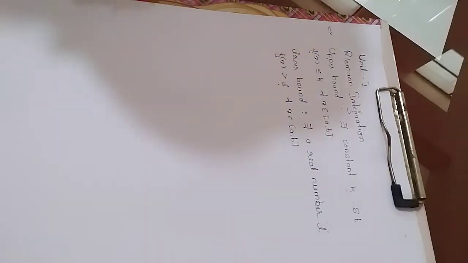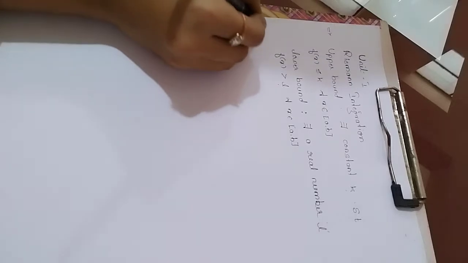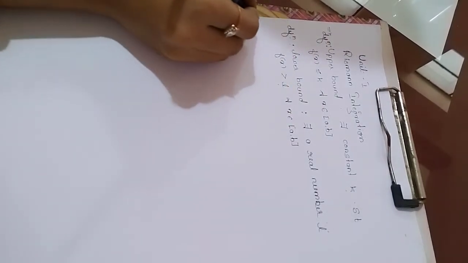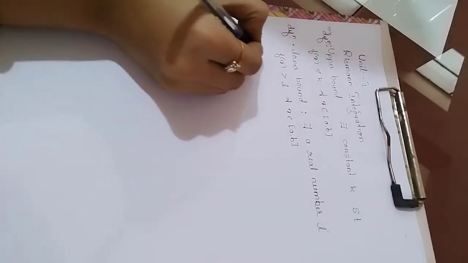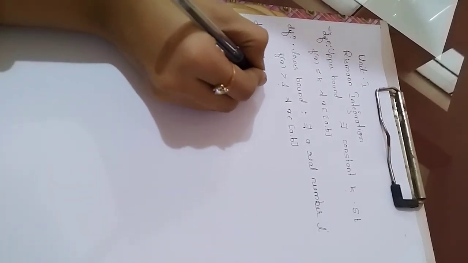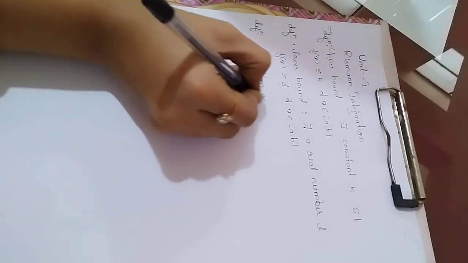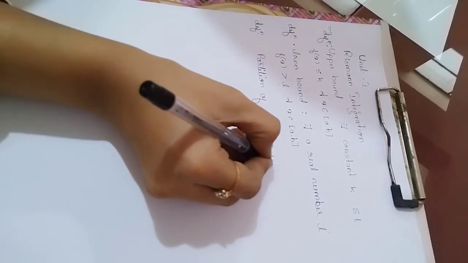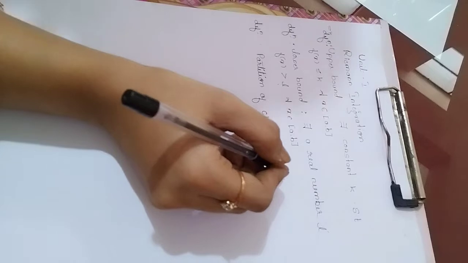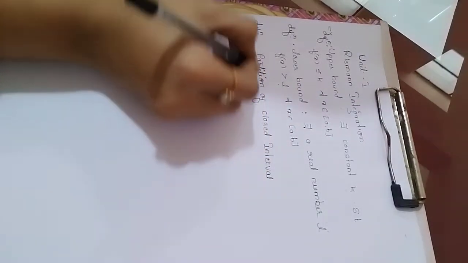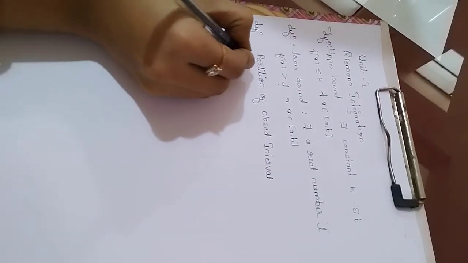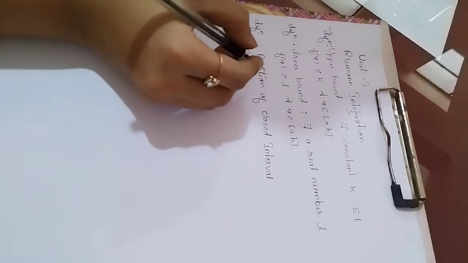The next definition will be the partition of a closed interval. To define the partition of a closed interval, suppose we have the closed interval [a, b].